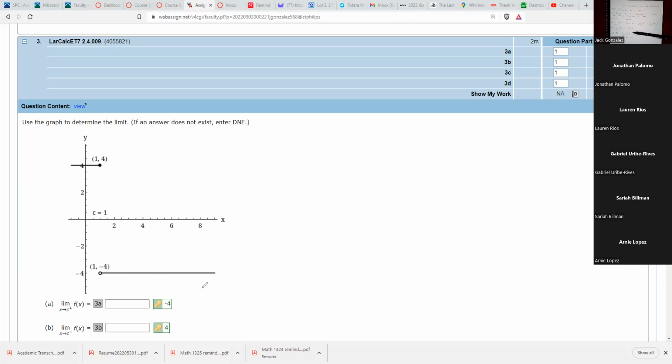So as I approach the x value, whenever I keep saying approach right and left, what I'm talking about is as the x values go to 1 from the right side, what are your y values turning into? That's basically what we're doing. As I'm coming from the right, the y is going to be a constant -4. You see that, how it doesn't change?